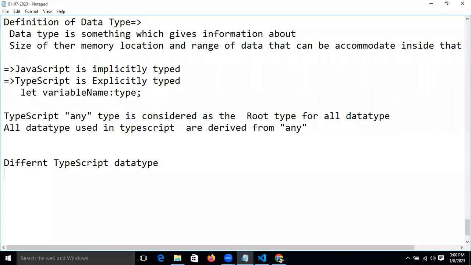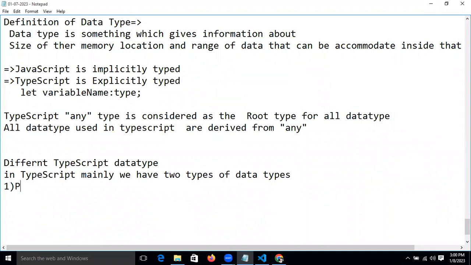Okay, so in TypeScript, how many data types are there now, guys? Mainly we have two types of data types. What are those? First one is primitive types.